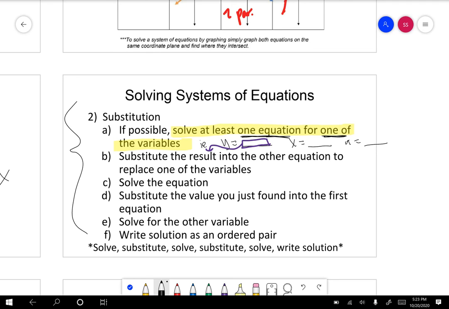Okay, so in other words, let's say we had this equation, and in our other equation, we solved for y and got this quantity here. What it means by substitute that result into the other equation to replace that variable is something like this.